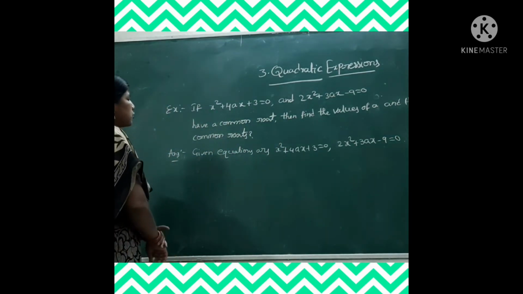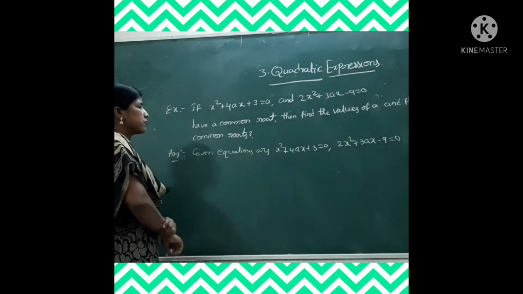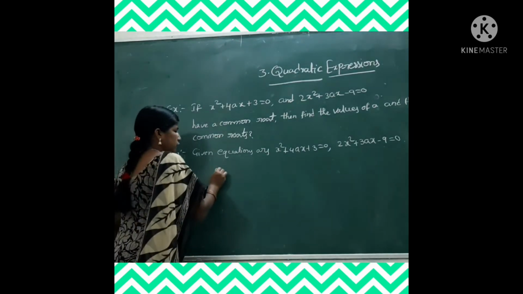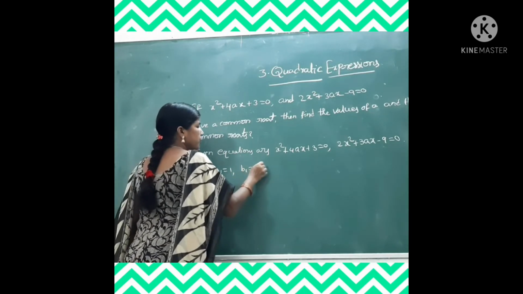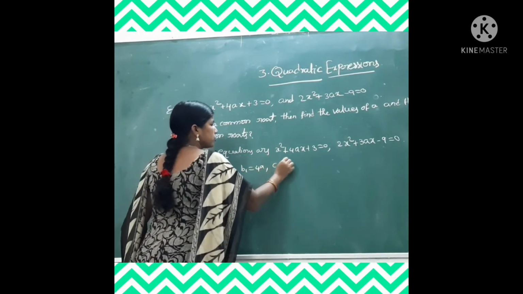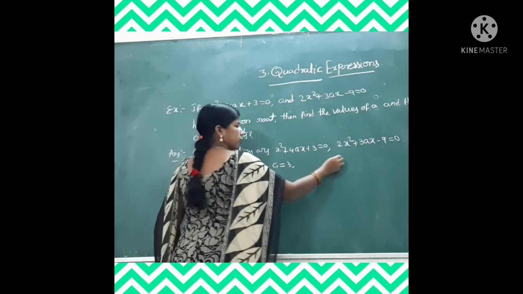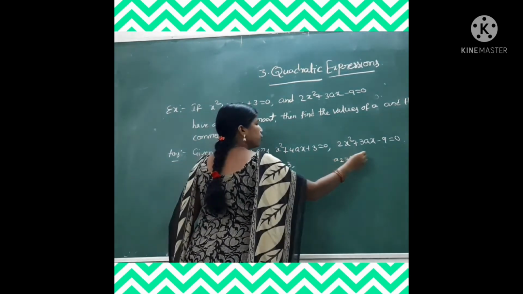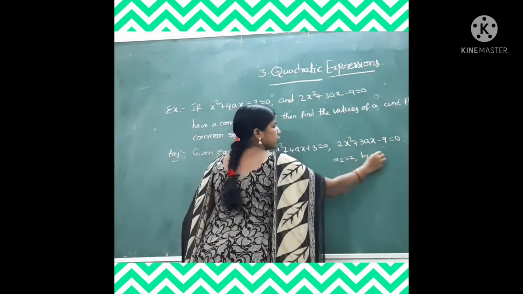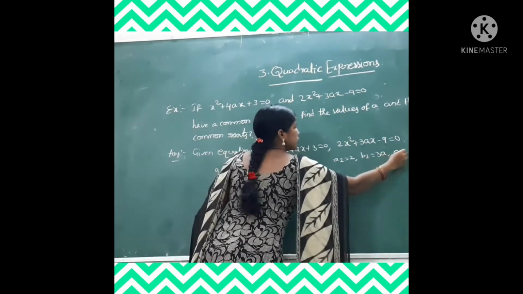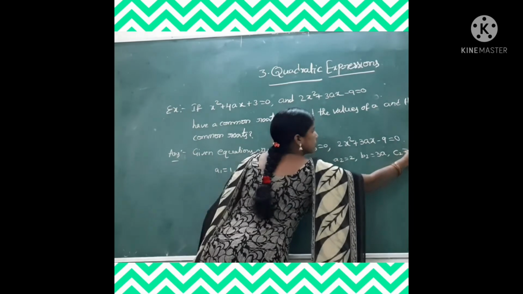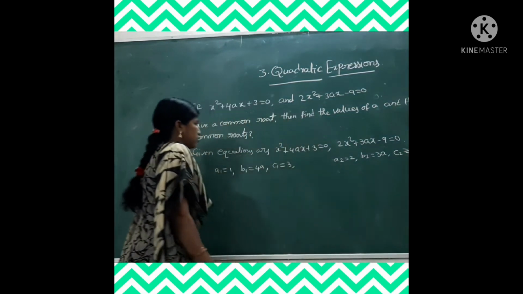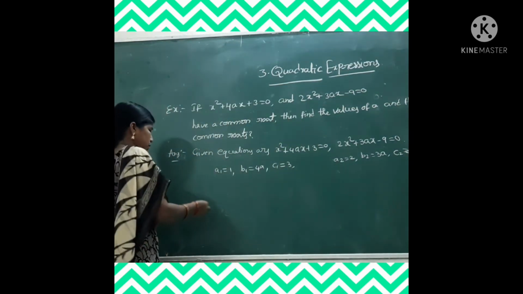Now comparing these with the two quadratic equations, we get a1 is equal to 1, b1 is equal to 4a and c1 is equal to 3. Here a2 is equal to 2, b2 is equal to 3a and c2 is equal to minus 9.